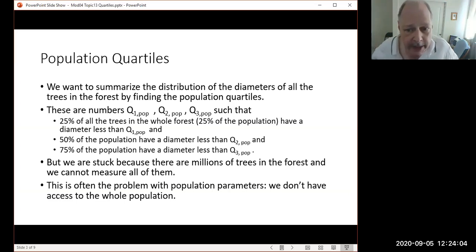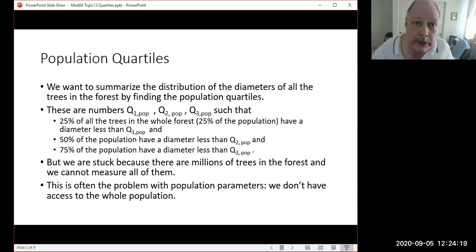Now, we're stuck because of the millions of trees in the forest. We cannot measure them all. And that's often going to be the case when we're trying to estimate a population parameter. We will not be able to find it exactly.